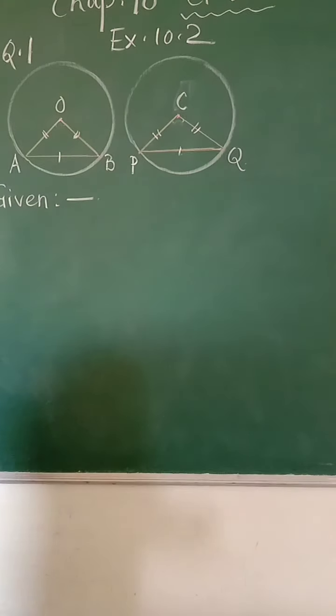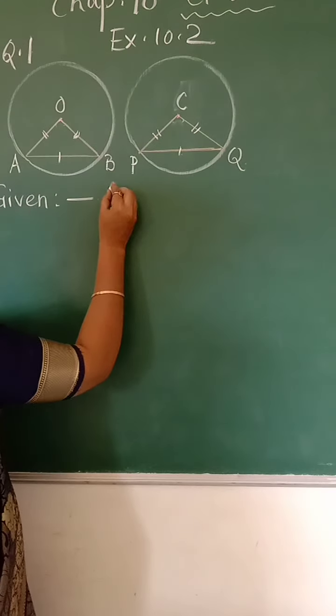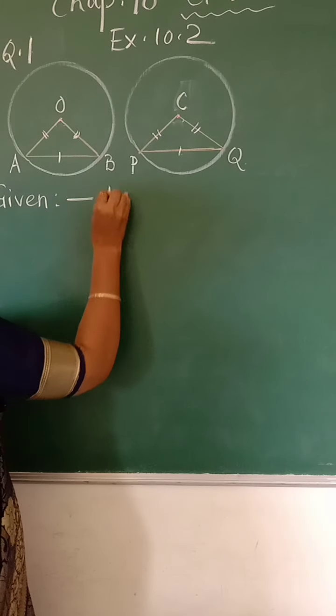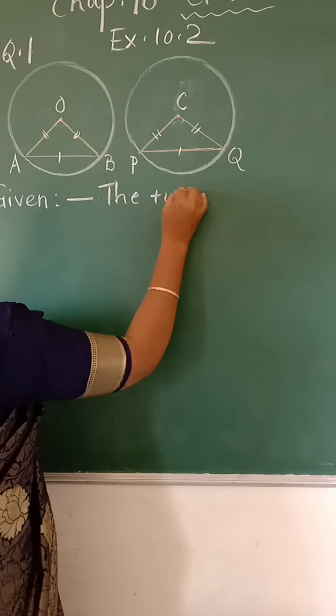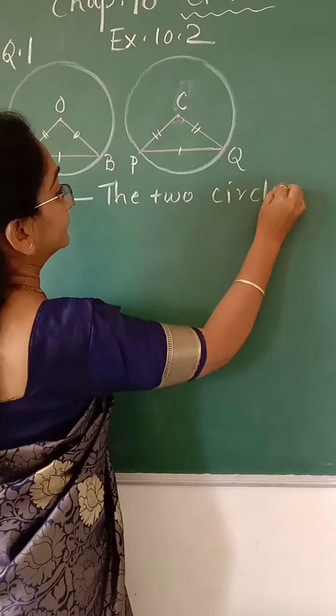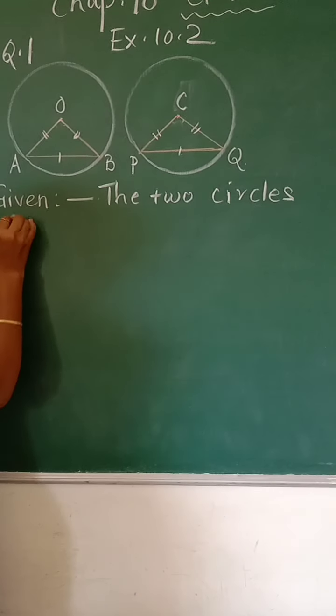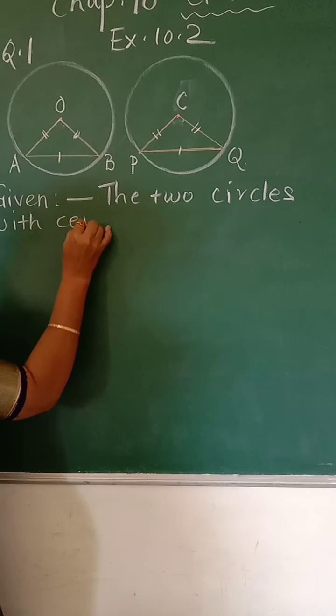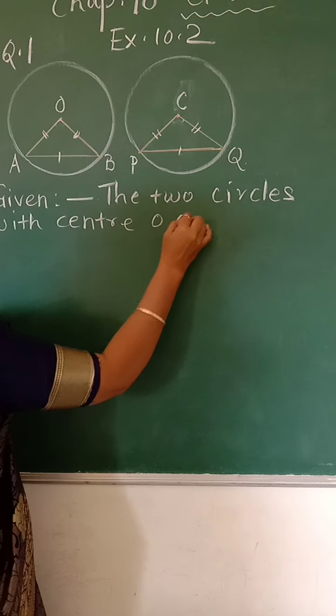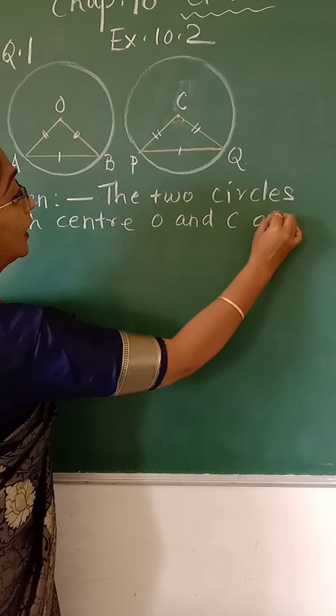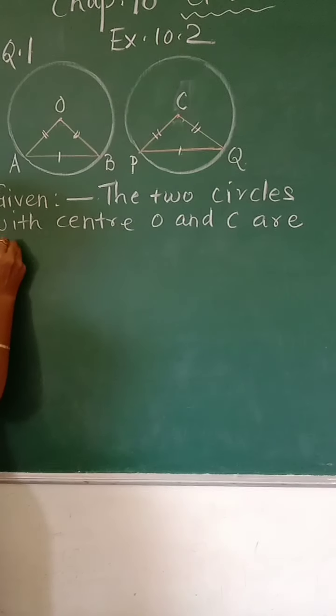Now what is given? The two circles with centers O and C are congruent.